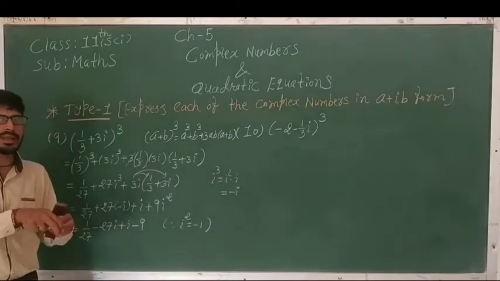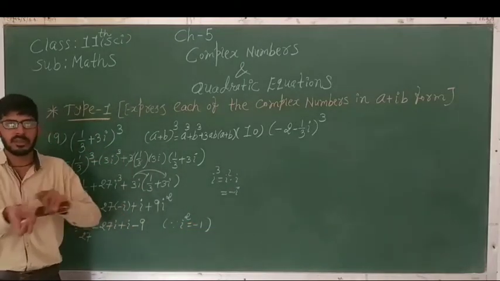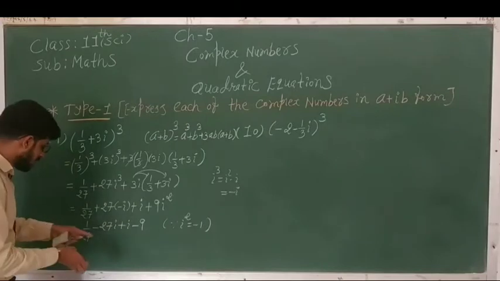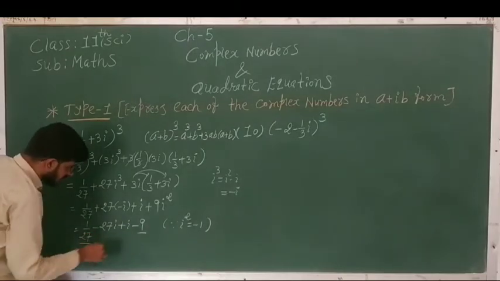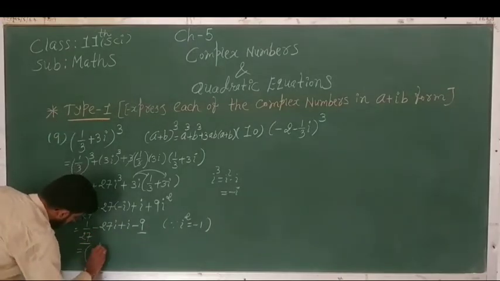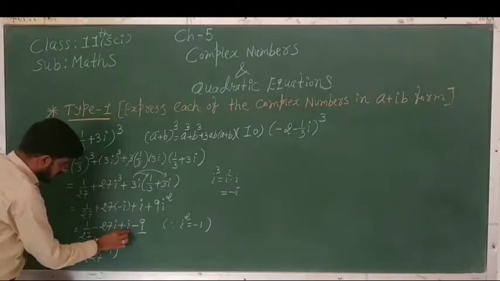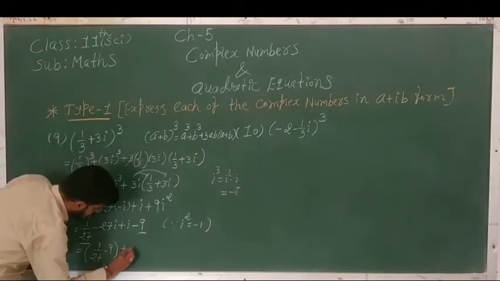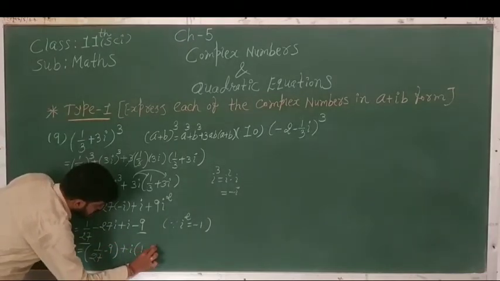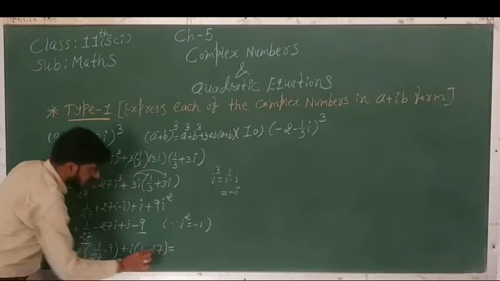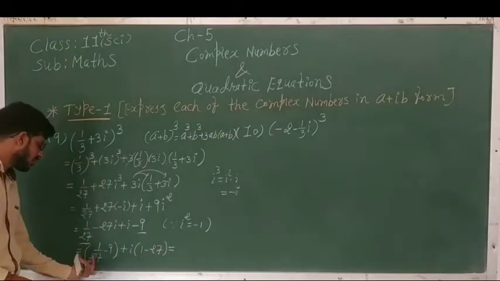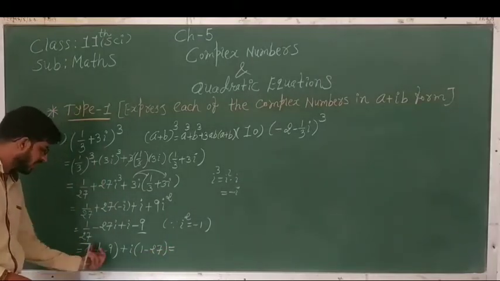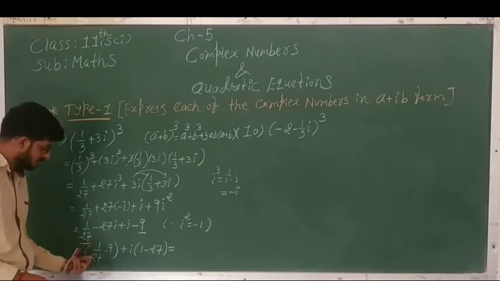Now we have to add and subtract the real part and imaginary part individually. So see, here 1 by 27 minus 9, write in one bracket, and take i common from these two terms, so we can write i bracket 1 minus 27. Now take LCM, 27. 27 nines are 243, yes or no?